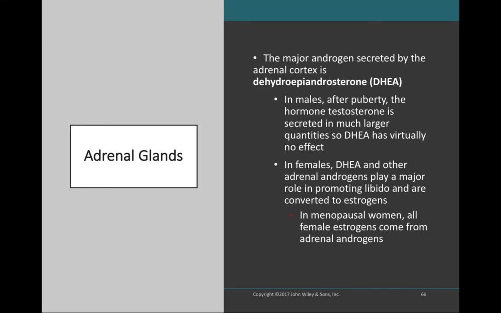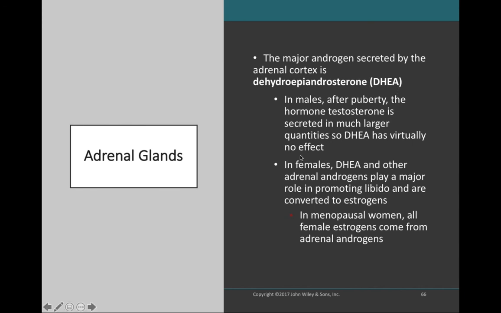There's only a couple things that I'm going to mention about the most inner layer of the adrenal cortex, which is the zona reticularis, and that is going to be the layer that releases androgens. And the major androgen that's going to be released by our zona reticularis is dehydroepiandrosterone. That is a mouthful, so you can call this DHEA.